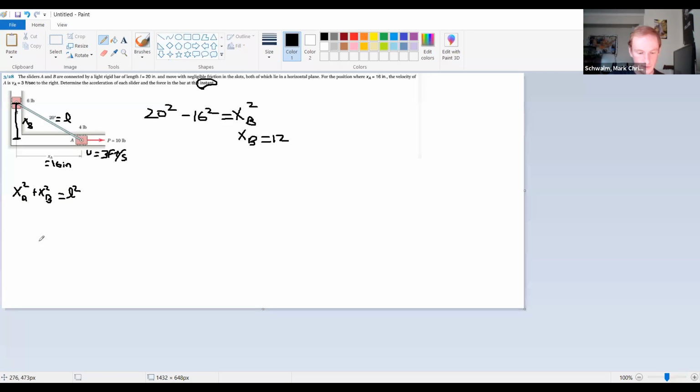And then if we go to our velocity formula, we can get x dot a plus x dot b equals 0.